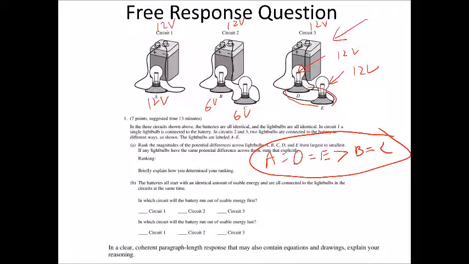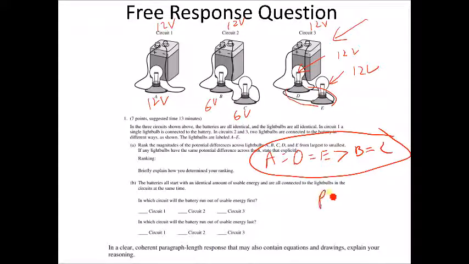And the reason that's true is that in circuit 3, the bulbs are in parallel. Remember, when you add branches to a parallel circuit, the resistance decreases even below the resistance of each individual resistor. So circuit 3 is going to have the lowest resistance. Because it has the lowest resistance, it's going to have the most current.